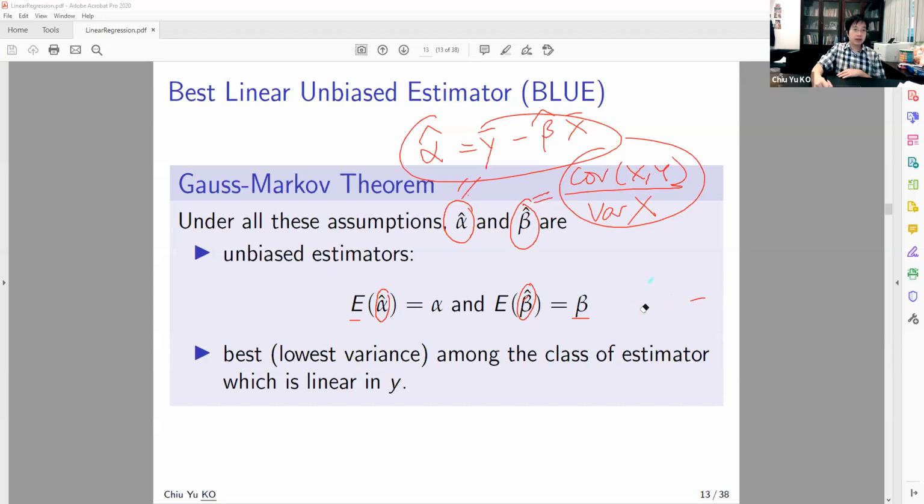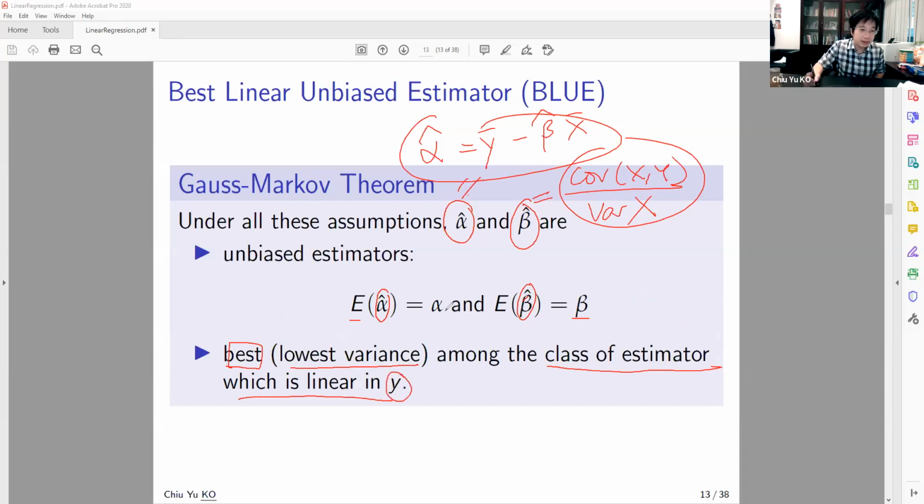And the next thing is the Gauss-Markov theorem. Actually, the more important part is that this is the best. It means the smallest variance among the class of estimators that are linear in y. Sorry, there is a typo in your slide, it should be y, not x.